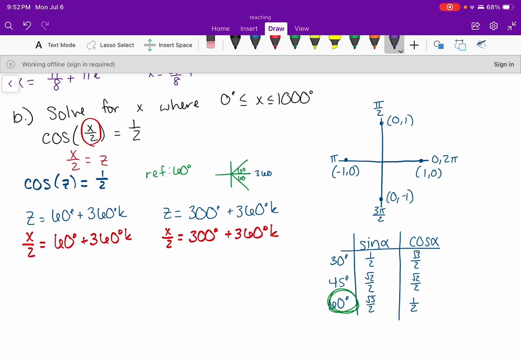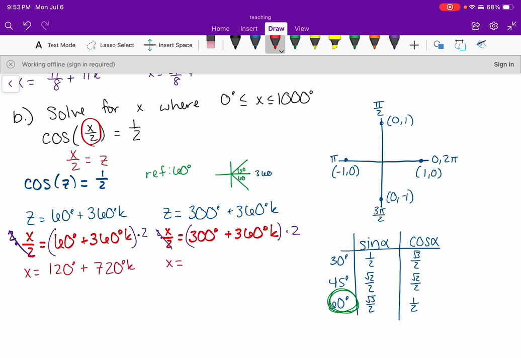Now you may be wondering, why do we still have this plus 360k when it's asking for an interval? Don't we not need the k anymore? Sort of. When we multiply in this 2, right? Because to get rid of that division, I got to multiply it on both sides. I'm now going to have x equals 60 times 2 is 120 plus 360 times 2 is 720k.